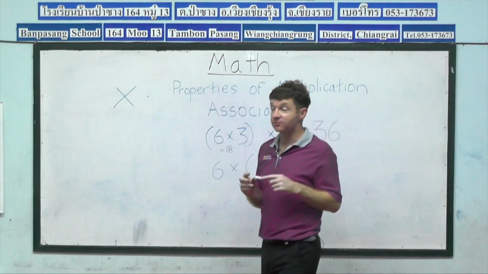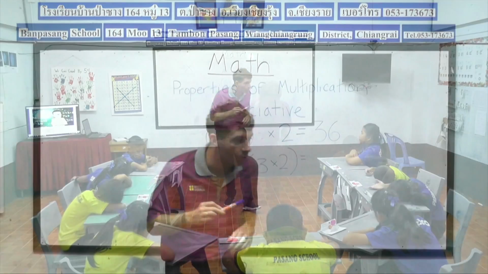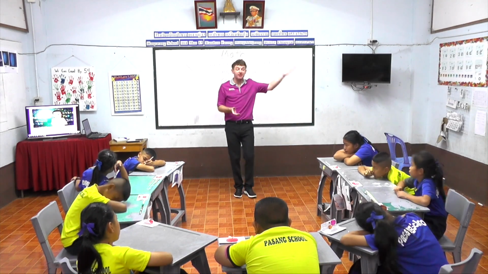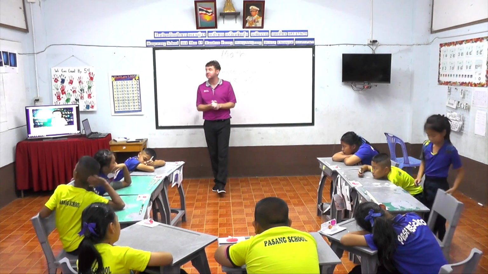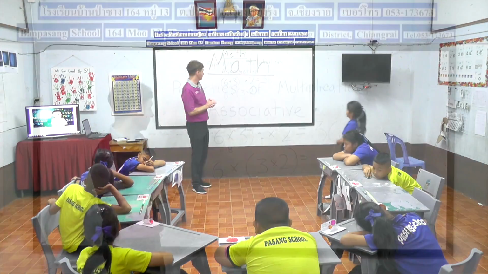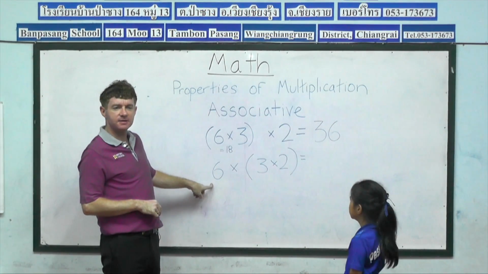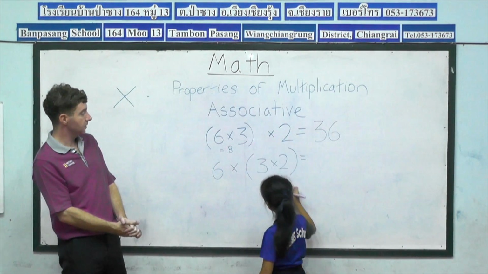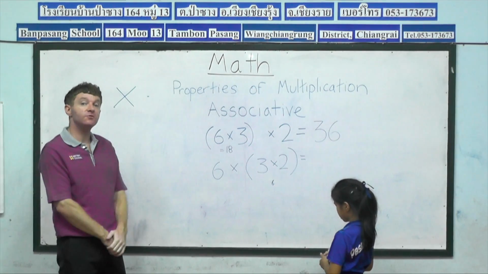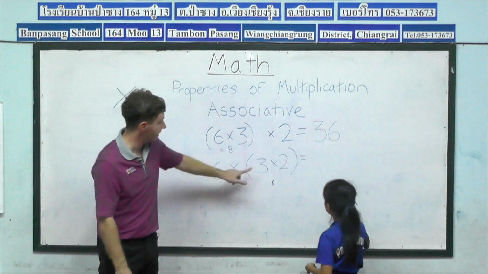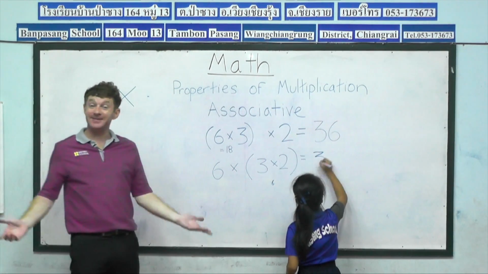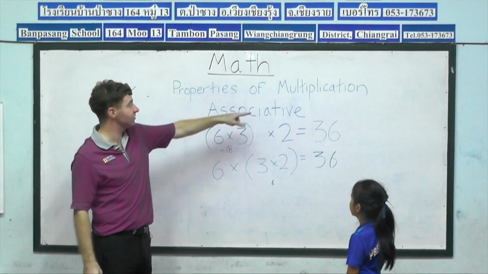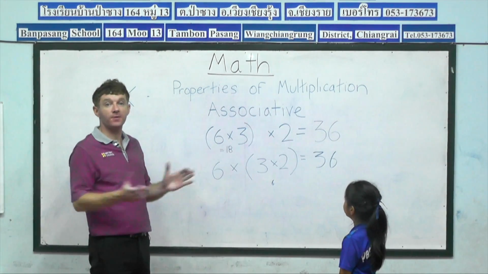Now, I would like another student to come forward and work this one out for me. Okay, and now the pen is with Prel. So I'd like to invite Prel to come forward and work out this associative problem for me. So where do we start, guys? Do we start here with number 6? No, always brackets. 3 times 2 equals 6. Okay, so now we need to work out 6 times 6, which is 36. Ready, guys? This is what we call associative property.